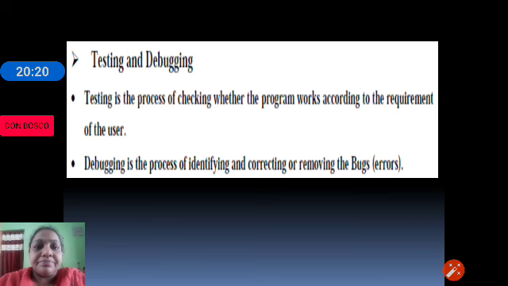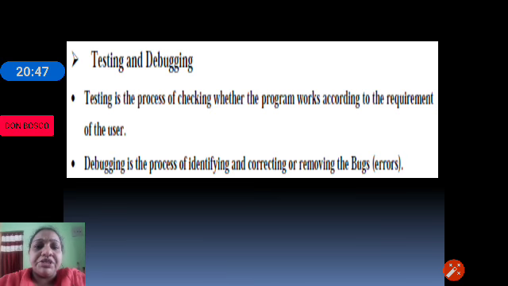Testing means once you have written the program, that program will be tested whether it works fine in various conditions, various inputs, various sets of values. Testing means you are running the program by giving sample data and checking the output.